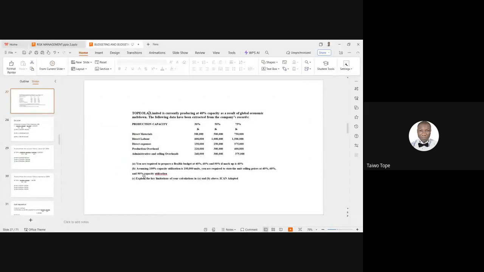Explain the key limitations of your calculations in A and B. So what are some real life scenarios that you think will counter what we've done? You need to think, will the price remain constant? Is it true? These are our forecasts, these are our budgets. Will it be accurate? You understand? This is a forecast.